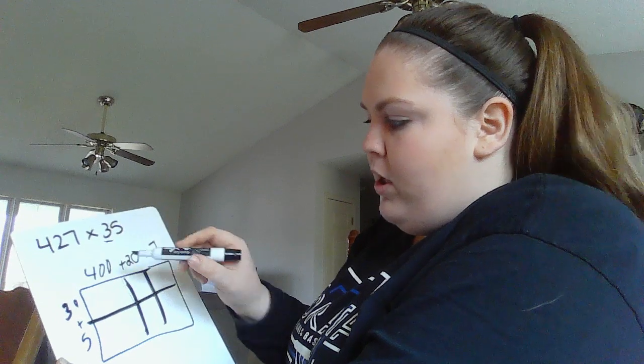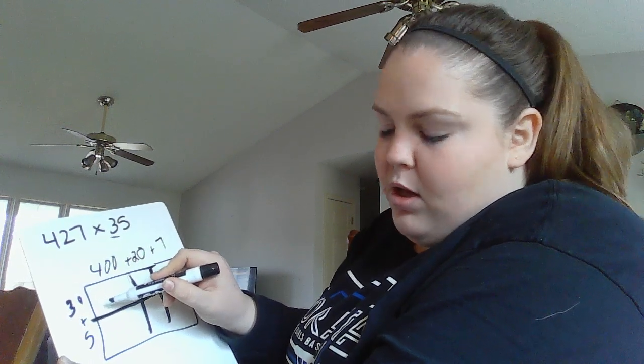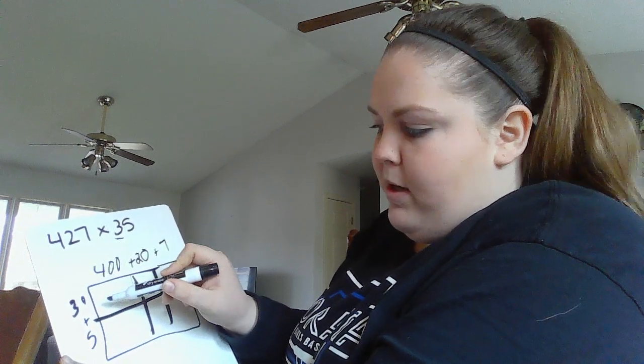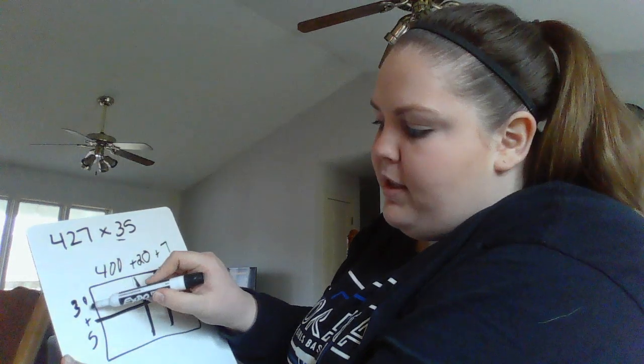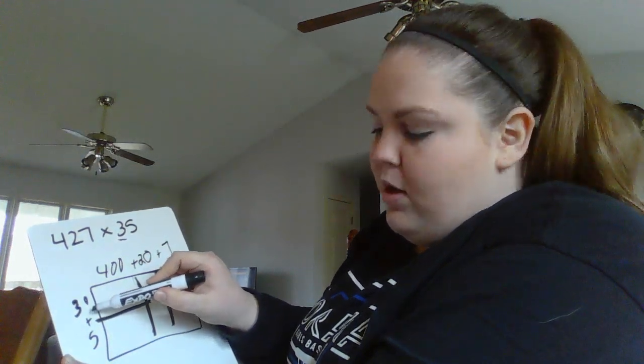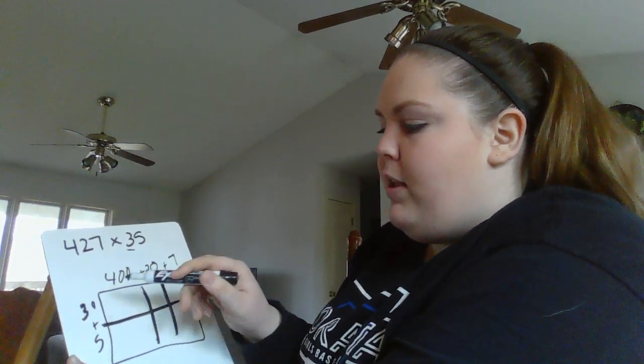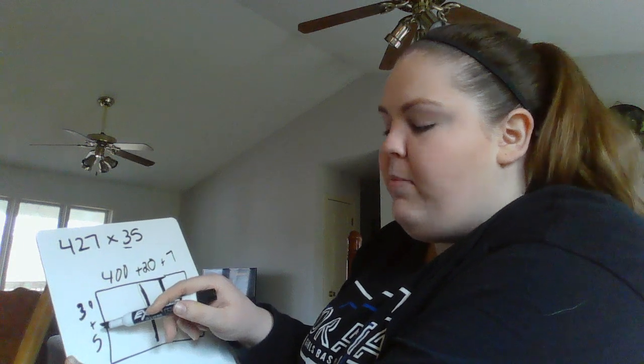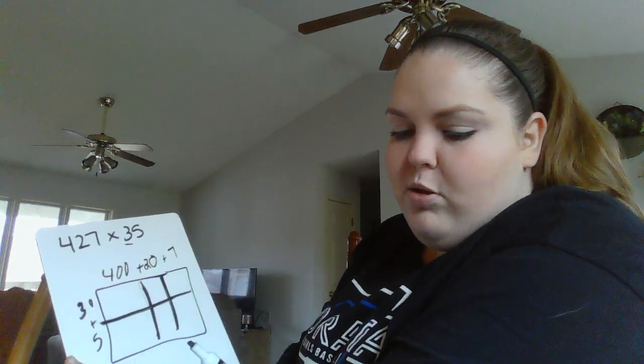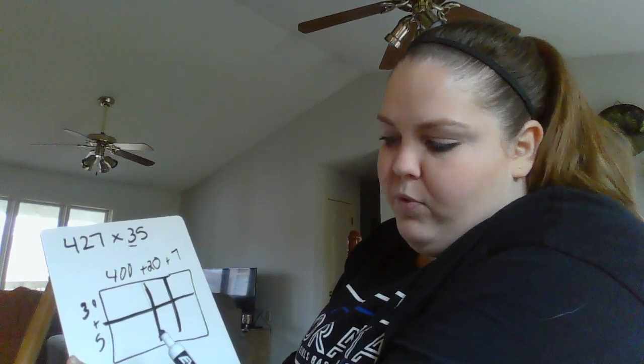I have the 400 times the 30. Oh, but they have times 3. So again, if they had this as 30 instead of 3, and 20 times 30 instead of 3, and 7 times 30, B would be right, but they have it all times 3, and this is not 3 plus 5, that'd be 8. It's 30 plus 5. So the B is wrong because they have 3 again.